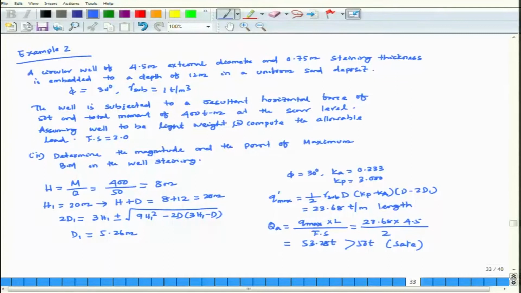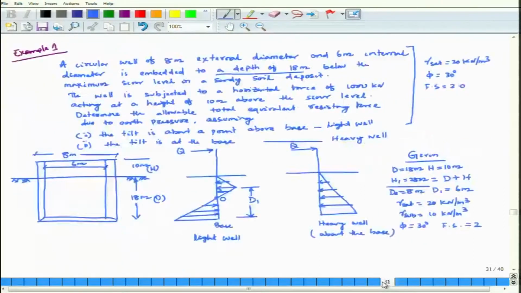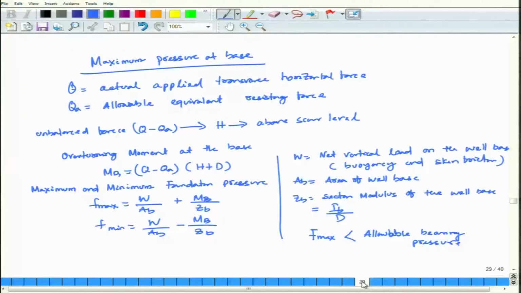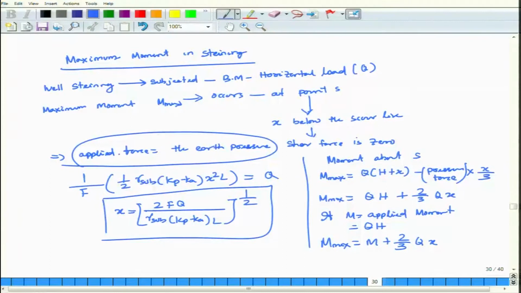Now, what has been asked in the second question? Determine the magnitude and the point of maximum bending moment of the well steining. Maximum bending moment will occur when the shear force is equal to 0. If I come back to the earlier one I have explained, for maximum bending moment shear force is 0 and this is the formula.